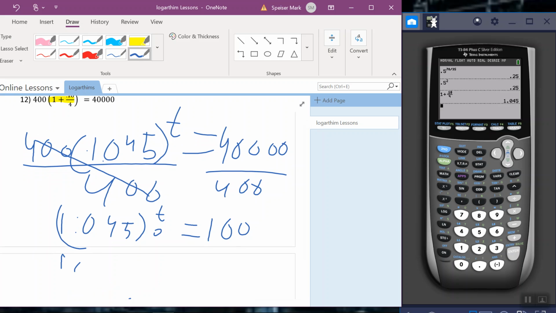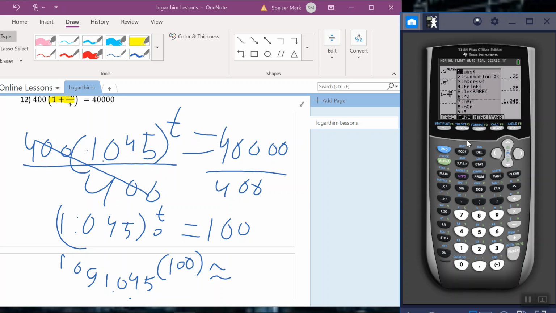So you have log of base 1.045 of 100 is our answer, which is approximately 104.623.